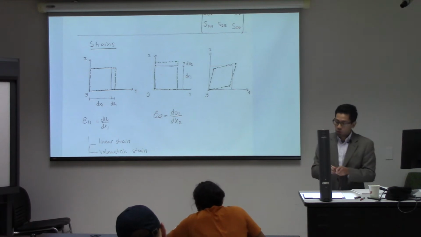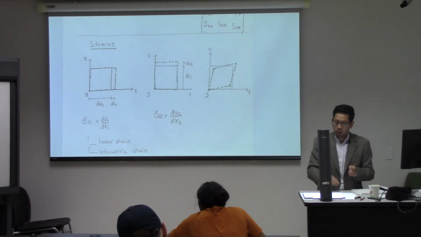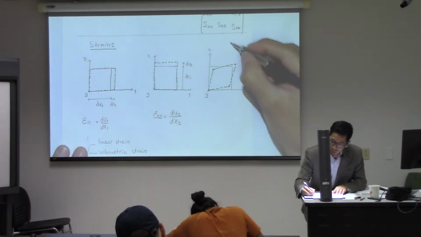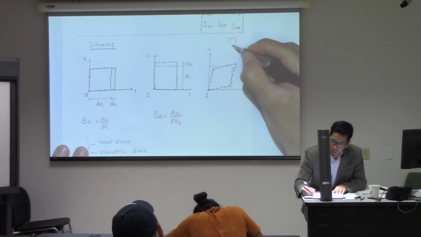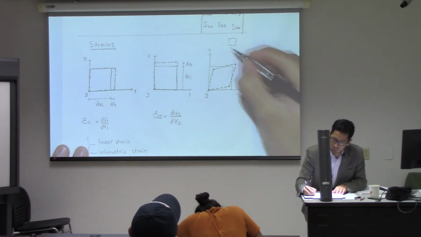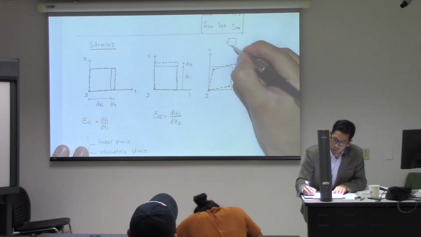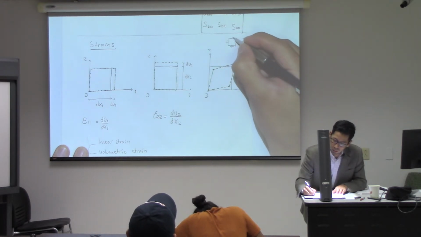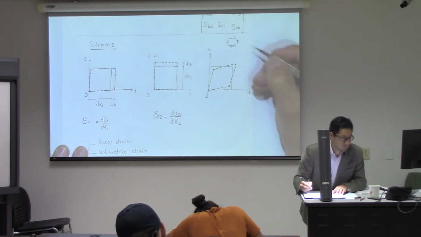So what kind of stress do I need in order to do that? Probably I can do it here at the top, so I don't mess up my drawing at the bottom. It's a pure shear stress which looks something like this.